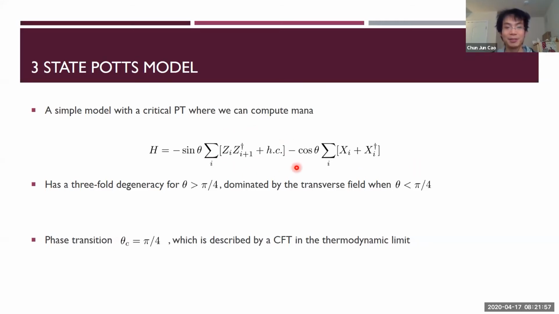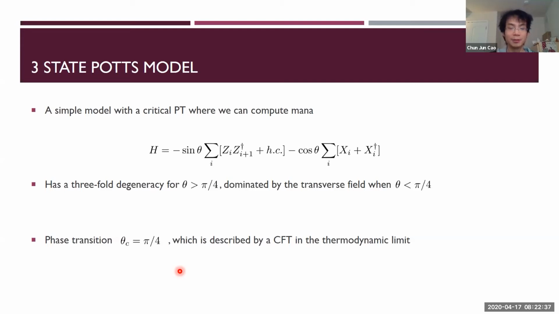You have some nearest-neighbor interaction, and then you have some transverse field in X. Theta controls the relative strength between these two terms, and they compete in their effect. Like the Ising model, you expect a phase transition when their contributions are roughly equal, and indeed, it is well known that there is a phase transition at theta equals pi over 4, which is described by conformal field theory in the thermodynamic limit.